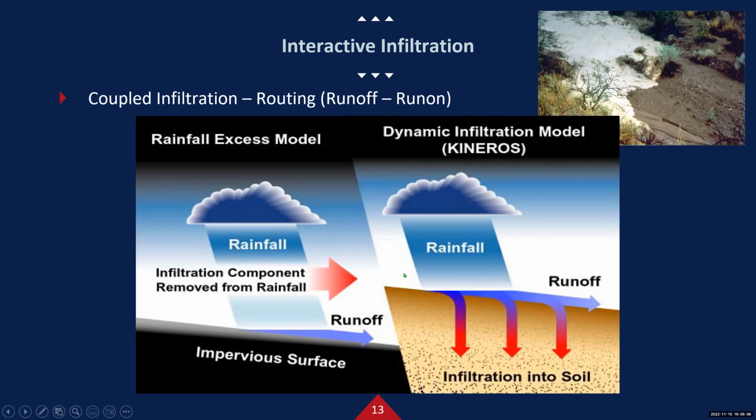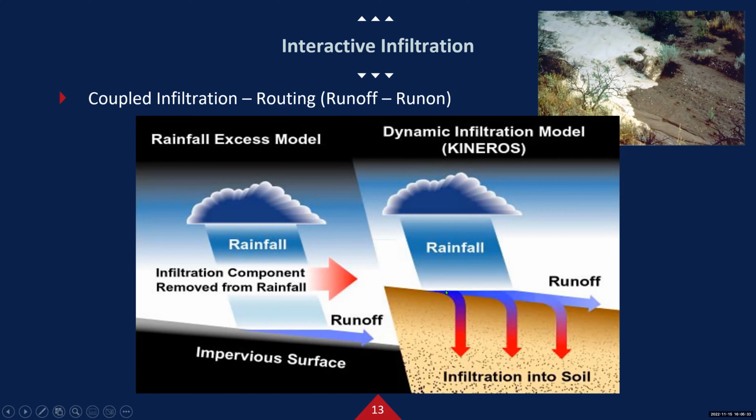And in KINEROS, as I say, every element is broken into a minimum of 10 computational nodes and a maximum of 20. So at each one of those computational nodes, it's looking at the rainfall, it's looking at any upstream contribution, and it's looking at any losses to infiltration.